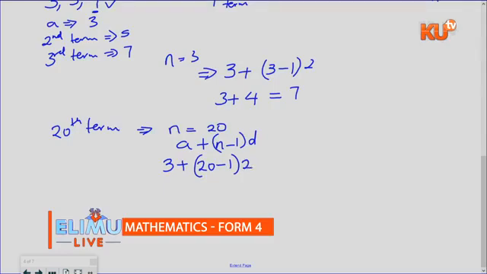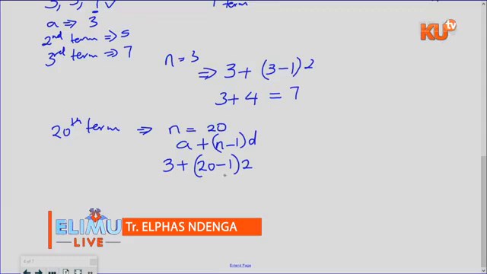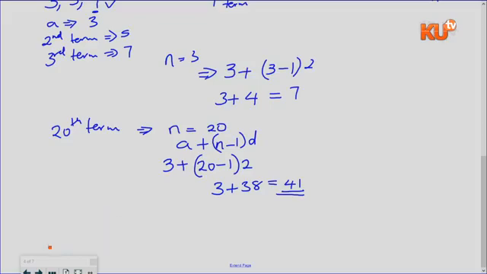Good. That is 20 minus 1, which gives us 19. Times 2, that should be 38. And so you have 3 plus 38, which gives us 41. And that is the 20th term of the sequence.